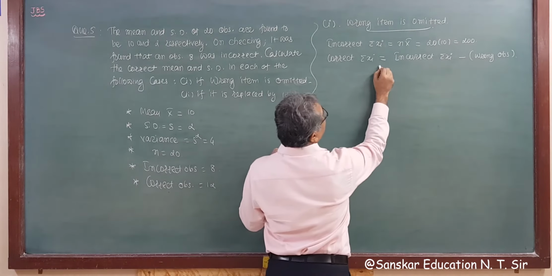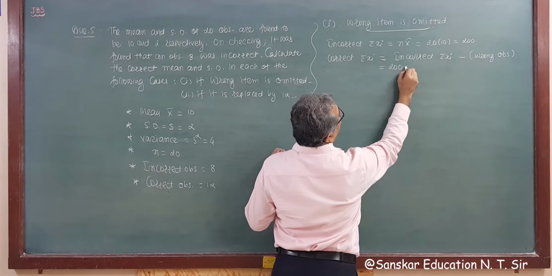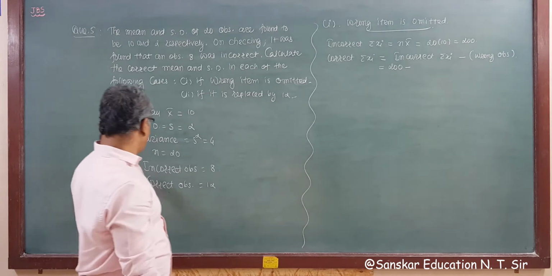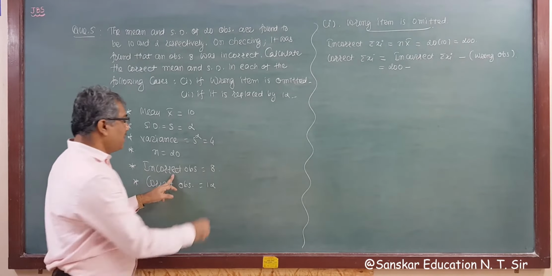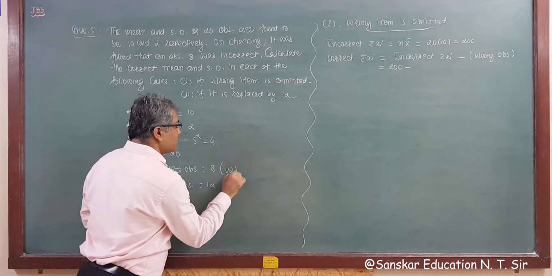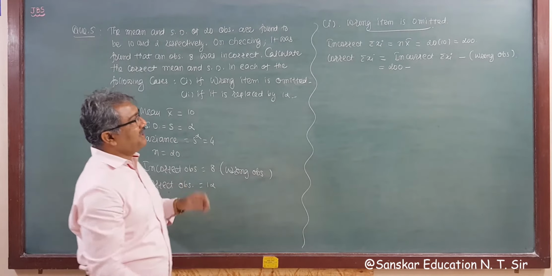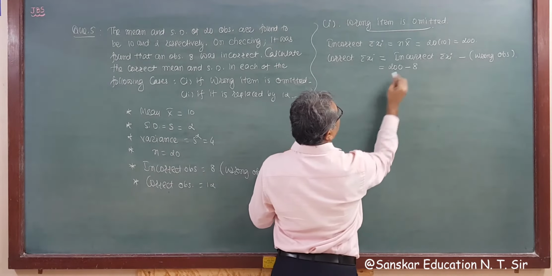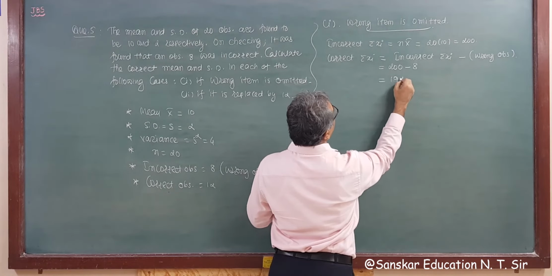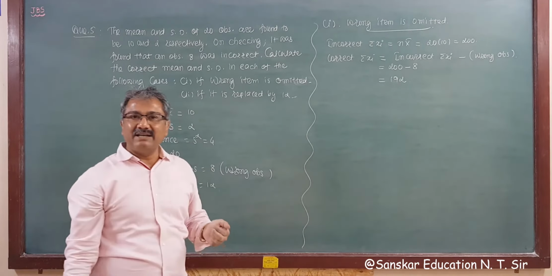So the incorrect sigma xi is 200 minus the wrong observation, which is 8, so sigma xi is 192. So this is the correct sigma xi, right?